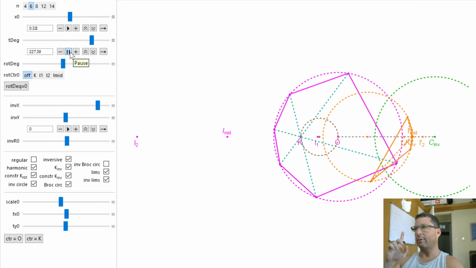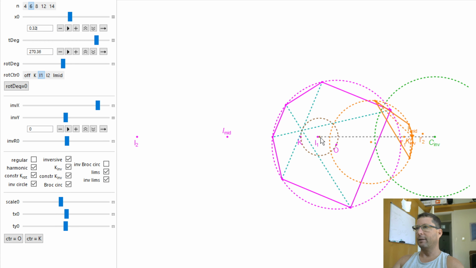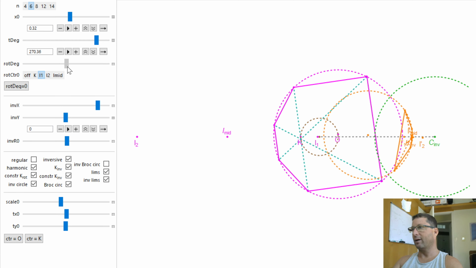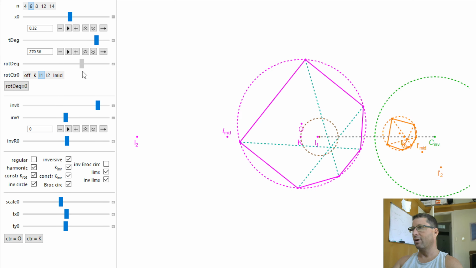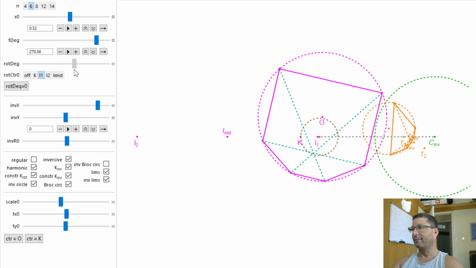Now what I'm going to do is freeze the family, and I'm not going to rotate about K as we did before, but I'm going to rotate this family rigidly about this limiting point L1. So let's do that. I'm going to rotate this magenta family, pivoted about its first limiting point. And I want you to check out what's happening to the limiting points of the inversive family.